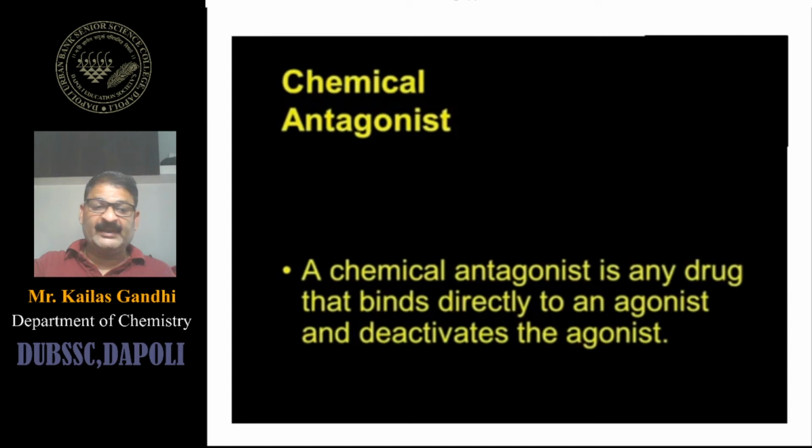Next one is a chemical antagonist. A chemical antagonist is a different type of antagonist. It does not react with the receptor, it reacts with the agonist itself. Means the antagonist binds with the agonist, and as it binds to the agonist, it changes the shape or geometry of the agonist, and then that particular agonist becomes unable to attach to the receptor site.